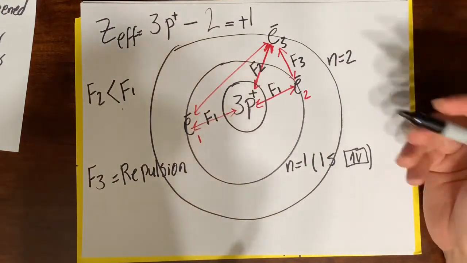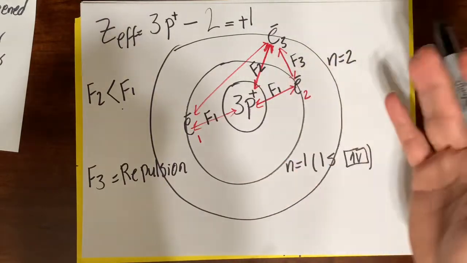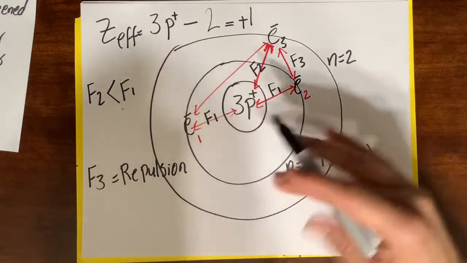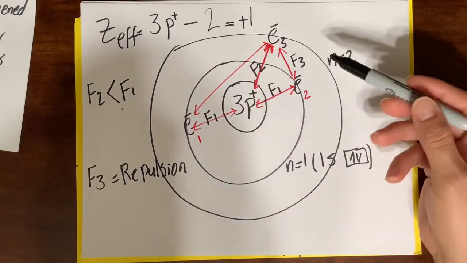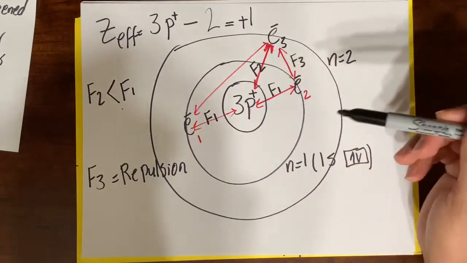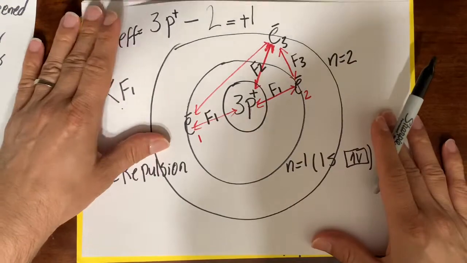The more inner electrons you have, the more shielding effect you will see. And also, if you have more inner electrons, that means outer electrons will see more repulsion. I'm going to go through all of them one by one.